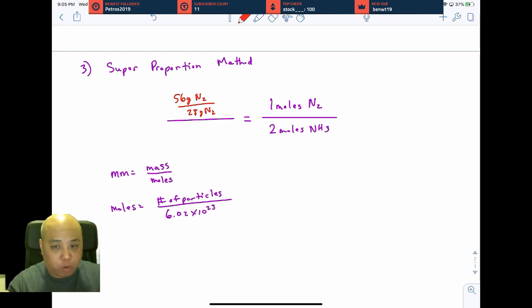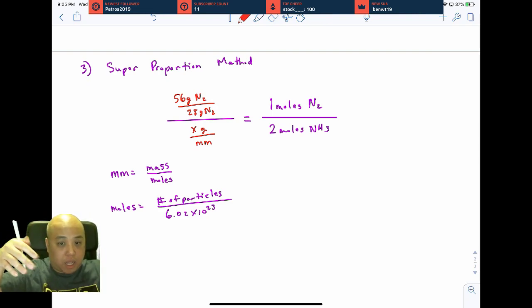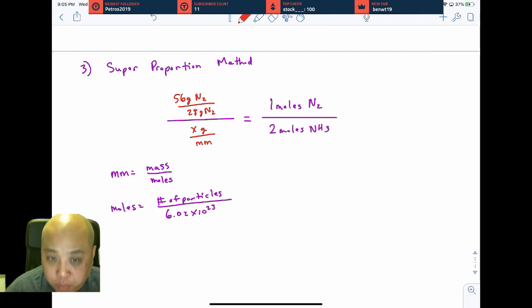But if I do this proportion, I'm going to end up with moles of NH3. So how do I convert that? If I want X grams, I can divide by the molar mass, and then I can figure out the grams in one super proportion. The molar mass is 17 grams. So now I have this giant proportion that I can cross multiply and solve.